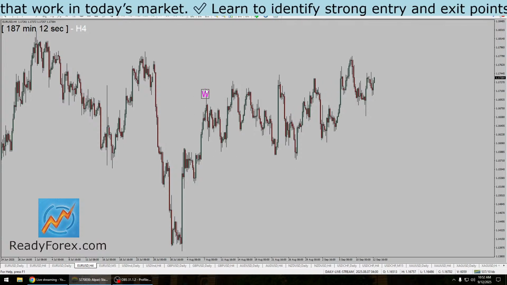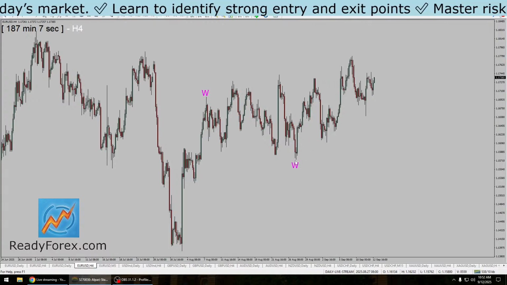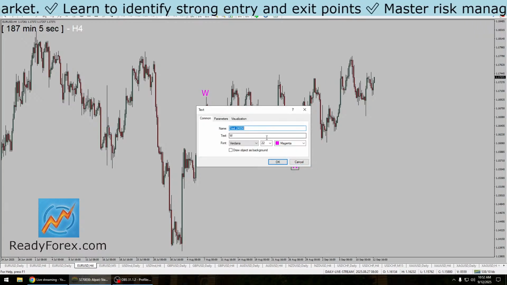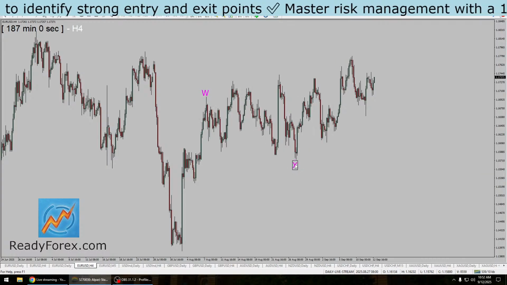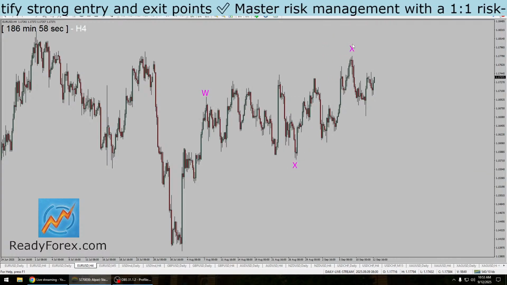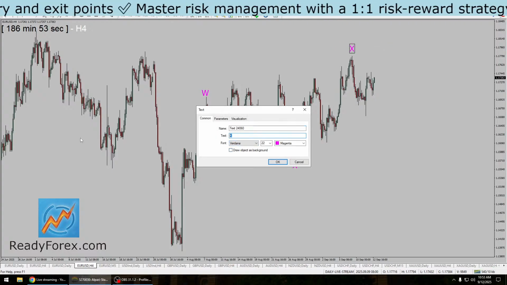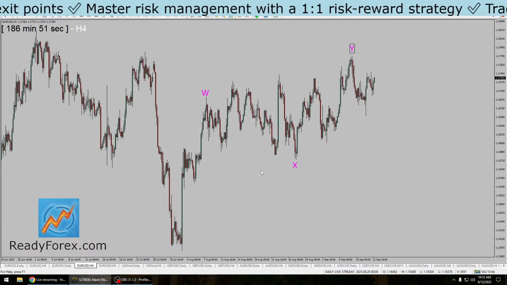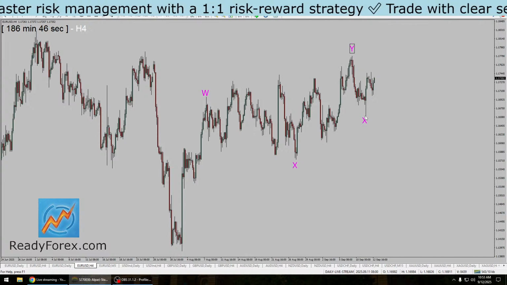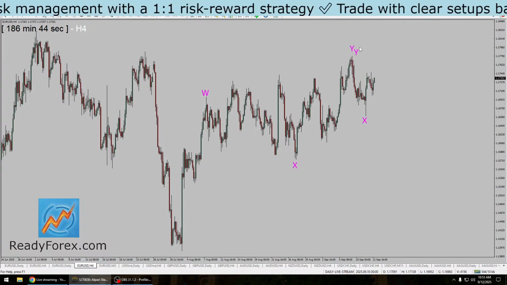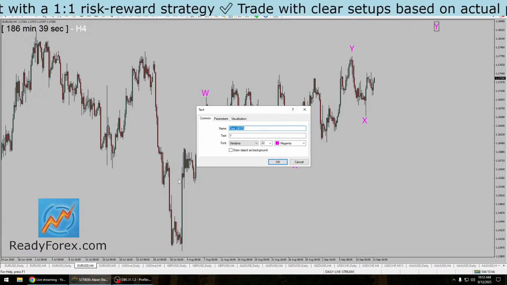And this is the W. So this is the X wave over here, and after an X wave we got this as wave Y. Here's an X wave. So W, X, Y, X, Z wave to the upside.